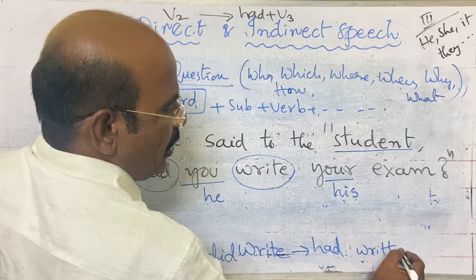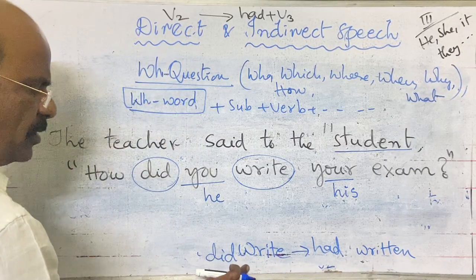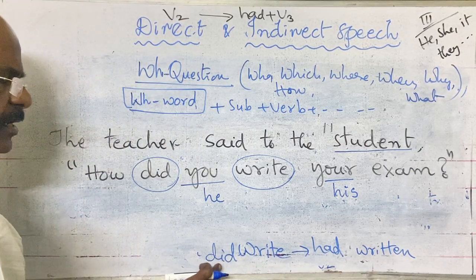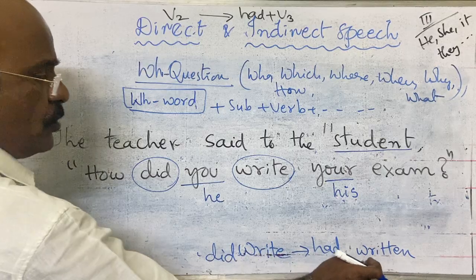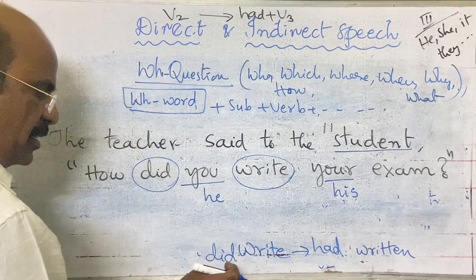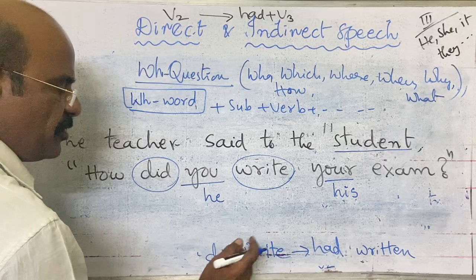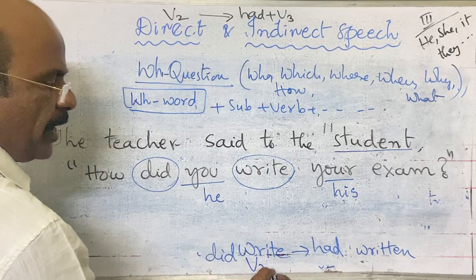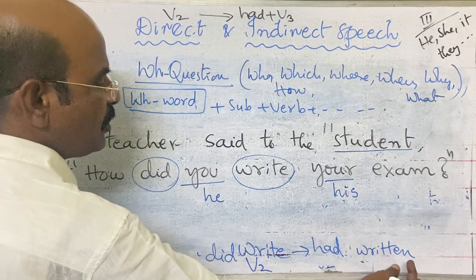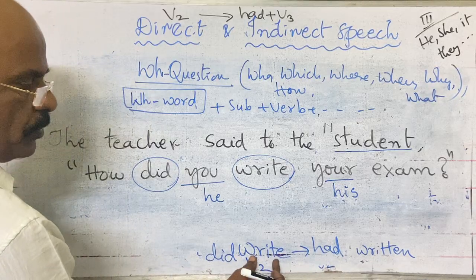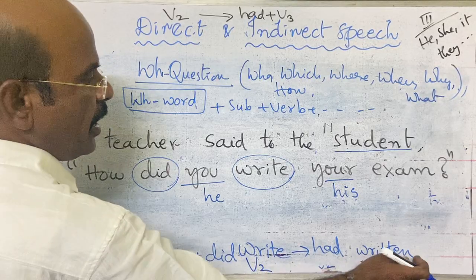Once again, when do or does is there, that is present tense. But here did is mentioned, so the total verb is past tense, like V2. So you write had plus V3, and this V3 will be the main verb: write, wrote, written, so had written.